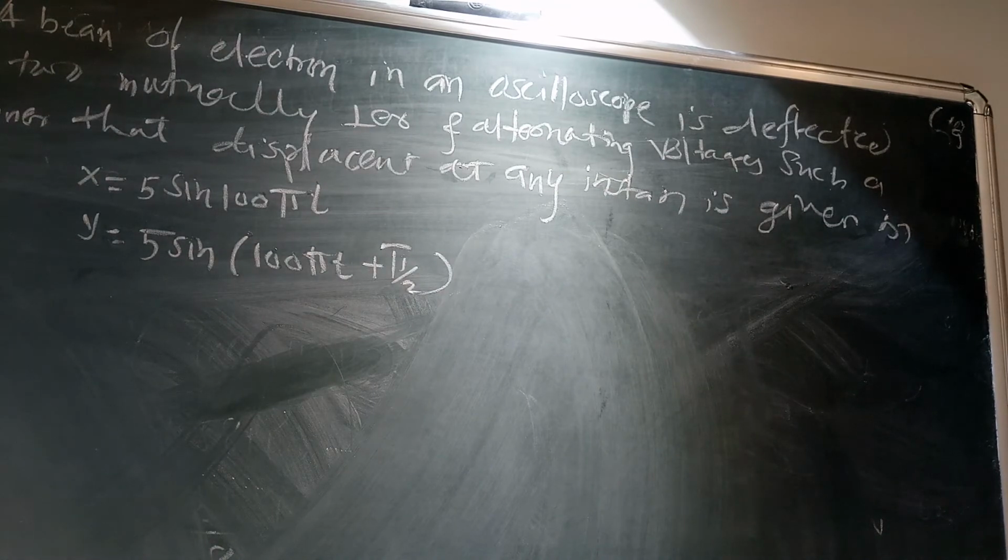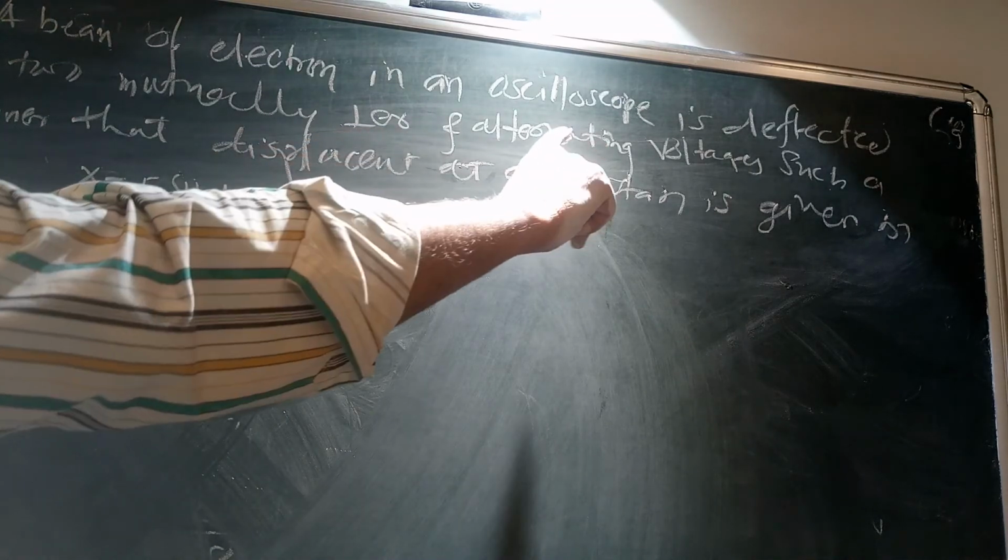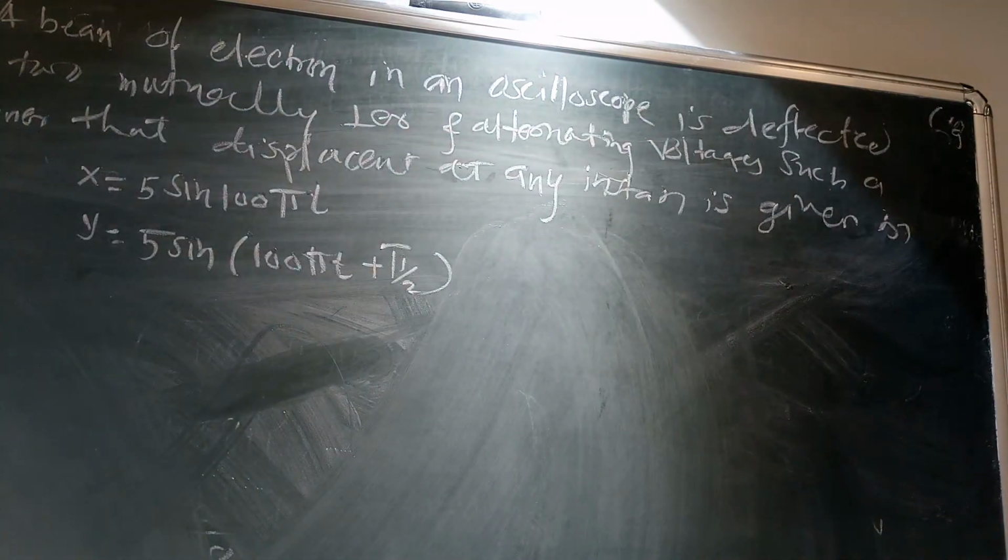The beam of electrons in an oscilloscope, that is the CRO, cathode ray oscilloscope, we have learned in the last example. Now the displacements of these two mutually perpendicular vibrations are given.